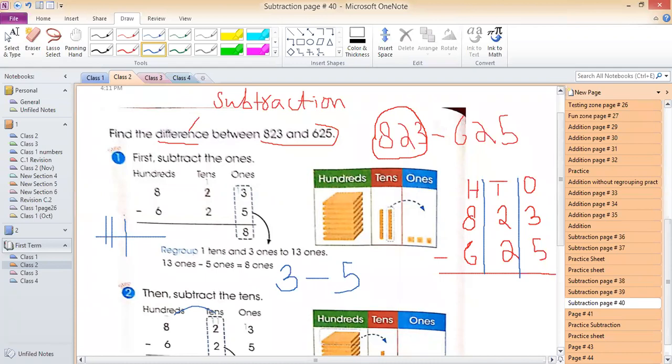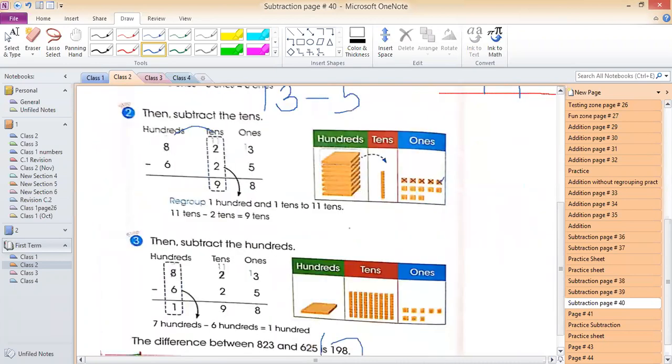That's why what you will do, this 3 will go to the tens and ask for 1. There are 2 tens, so it will give 1 ten to the ones and become 1 ten. It was 2 tens, when it gave 1 ten to the ones, it is now 1 ten, and this is now 13 ones. Now you can minus 5 from 13.